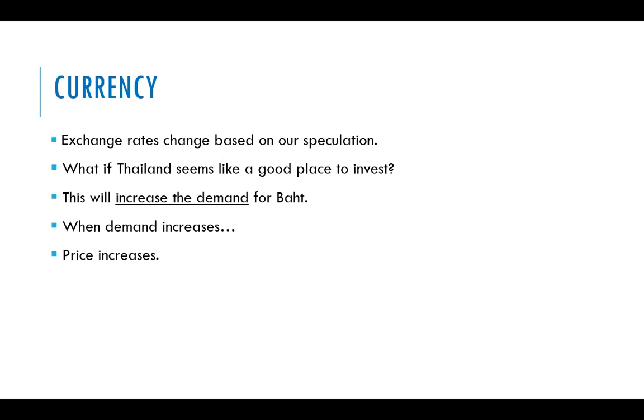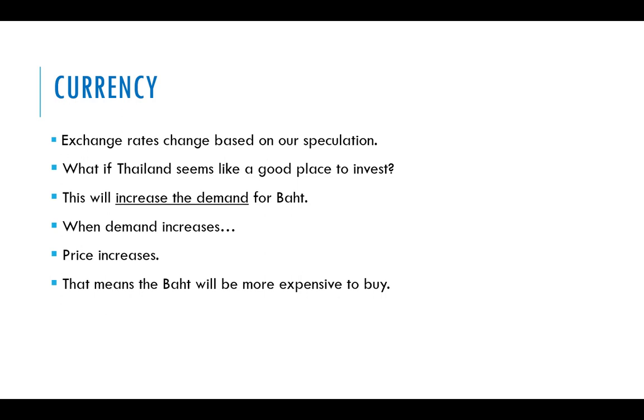So guys, if you're not well versed in supply and demand, it doesn't matter. You just need to use your common sense. When we demand more apartments, the price of apartments is going to go up, right? If the price of baht, the currency in Thailand, goes up because we all want to invest in Thailand and we all need baht, and so we increase the demand for baht and baht prices go up, that means now the baht will be more expensive to buy.